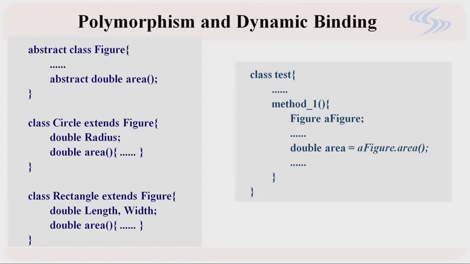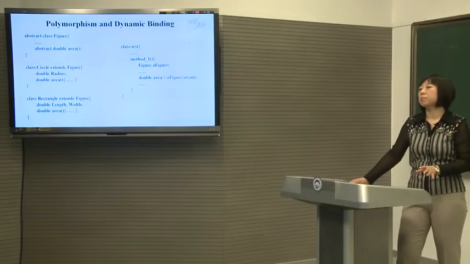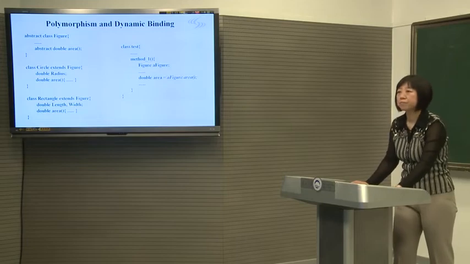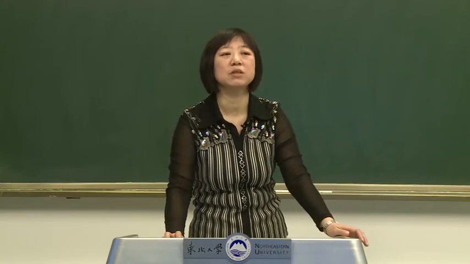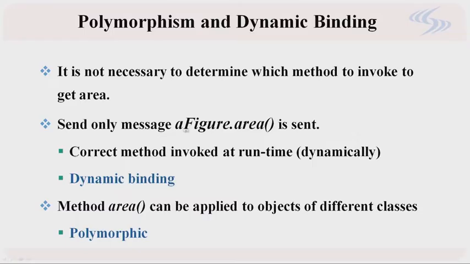So now we come to the concept of dynamic binding. Actually, with object-oriented paradigm, design, and languages, it is not necessary to determine which method to invoke to get area. So we find that the only thing the system does is just to send the message figure.area, just as we have seen here.